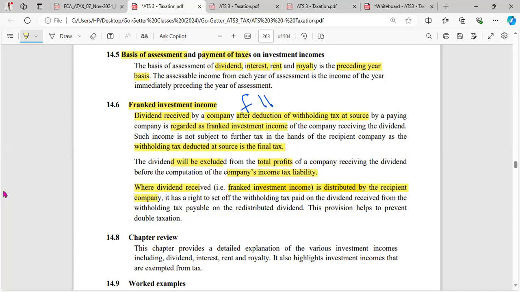Now, let's say Go Getter is sharing this dividend back to its shareholders, let's say 50-50. Go Getter will recover that tax it suffered from FCA from the hand of Chima and Marianne.